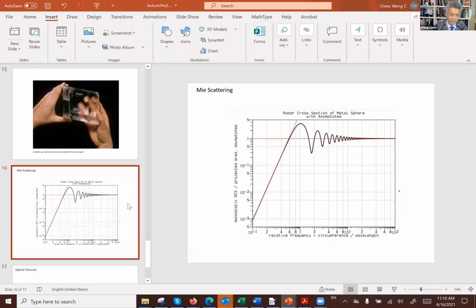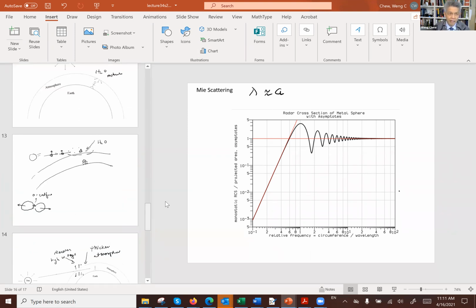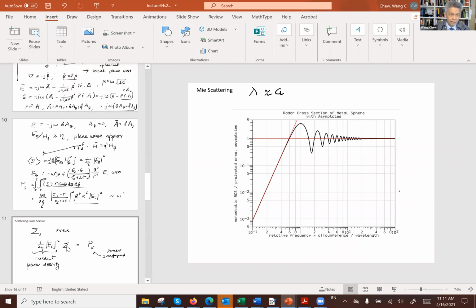So there is another kind of scattering, which is called Mie scattering. It's not Rayleigh scattering now. Mie scattering happens when the wavelength is on the order of the size of the particle. Then the analysis that we have done does not hold anymore. So what happens is that we observe the fact that if you did analysis by Rayleigh scattering, this cross-section, the scattering cross-section, grows as a function of frequency.